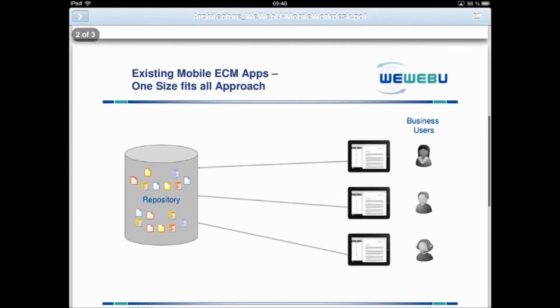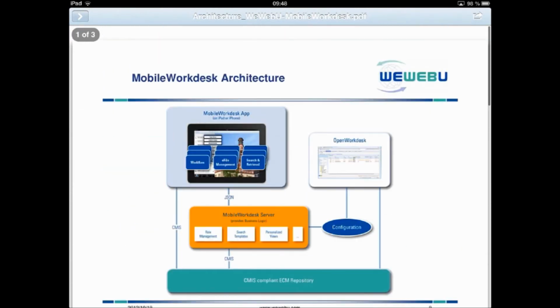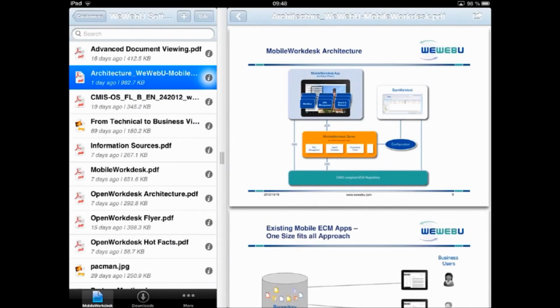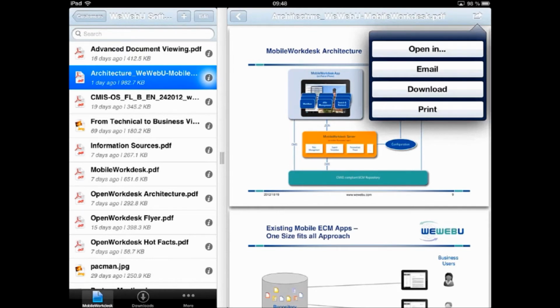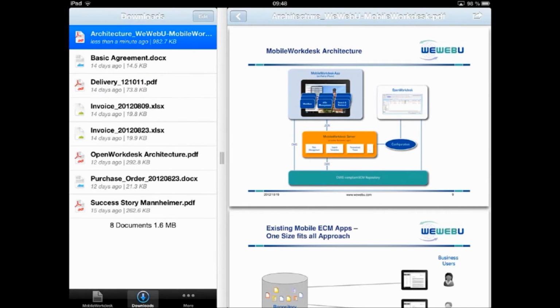We can browse through the whole document, and we can even download this document for offline usage, which means that in case we want to have this document available at places where we don't have any network connections, we can use this download button here. The document is downloaded locally on the iDevice and accessible even if we don't have any network connections.